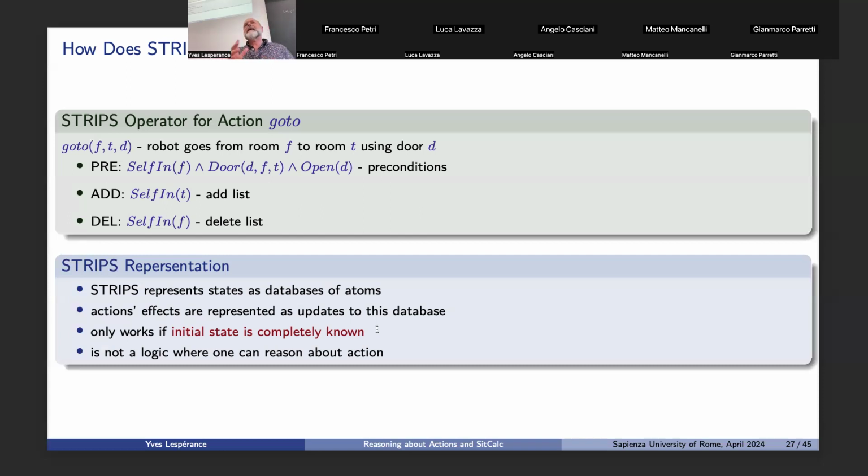So in our example, if we say that we don't know whether the door from A to C is open, then you cannot apply this because you have two possible states, two possible models. In general, if you have a robot, there will be a lot of things that it doesn't know. So you cannot apply this STRIPS assumption and the STRIPS update method.